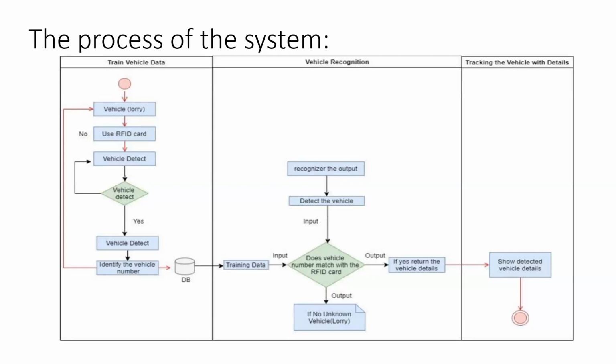Once the database identifies that the UID is registered in this system, it sends that this vehicle is granted, and the vehicle details, like the vehicle number plate, are shown on the LCD screen. Likewise, if not, it sends a notification that it's not identified, it's denied.